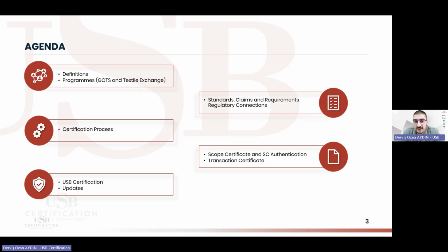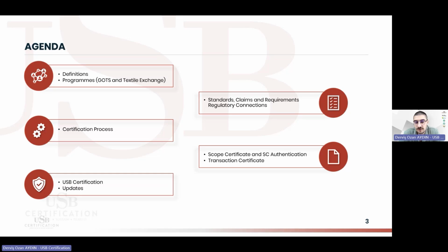About today's agenda, we will talk about the definitions to better understand the meanings of the words, and the GOTS and Textile Exchange programs. What are they and what is the aim of them actually? Then we will talk about standards, claims, and requirements for the standards under GOTS and Textile Exchange programs, and the regulatory connections between the standards and the regulations.